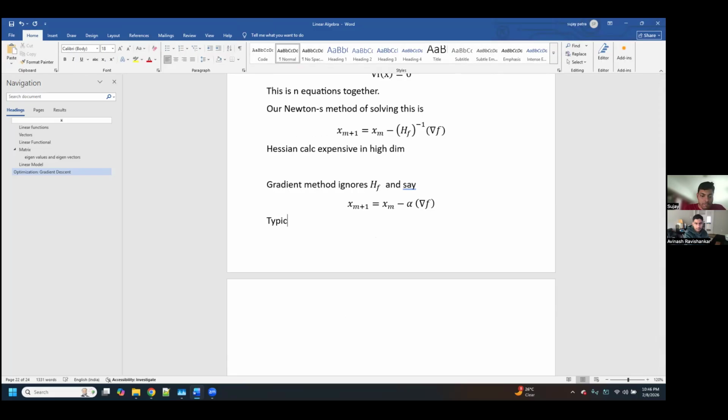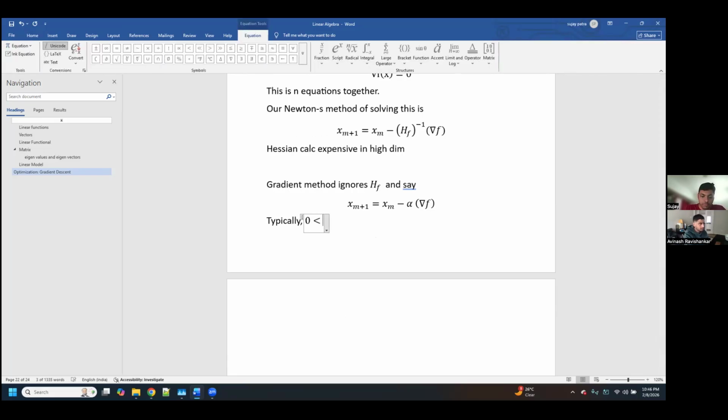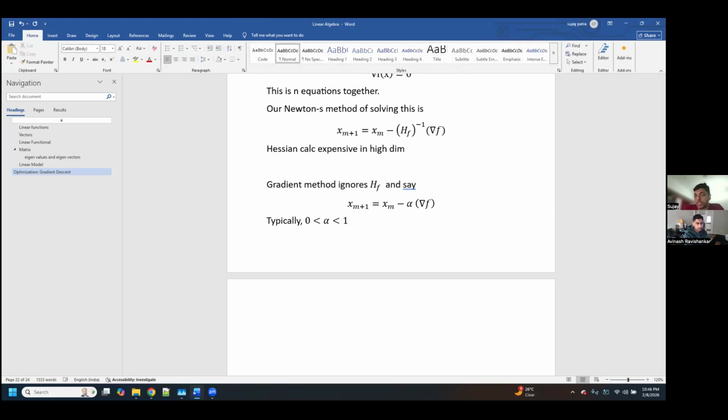Typically alpha is between 0 and 1. And typically people avoid values more than half. The rule of thumb is to keep it below half, although there is no real reason for that.